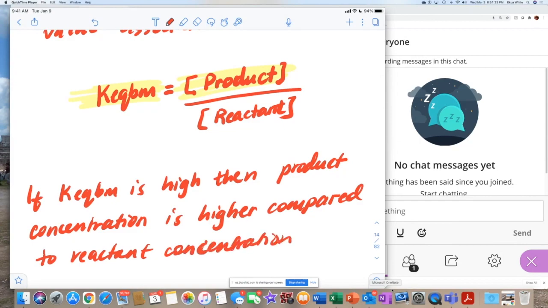Okay? So just by looking at this, if this is high, this has to be high because they have a numerator to numerator relationship. They're directly proportional.